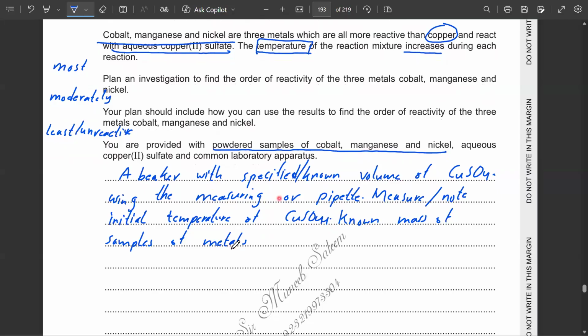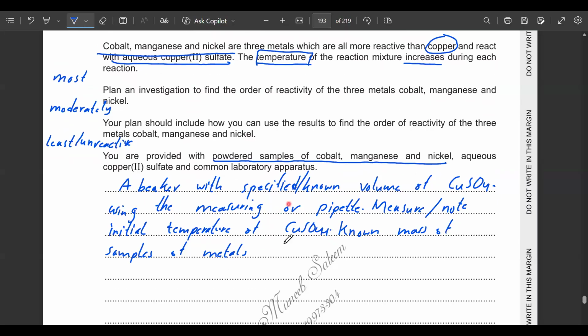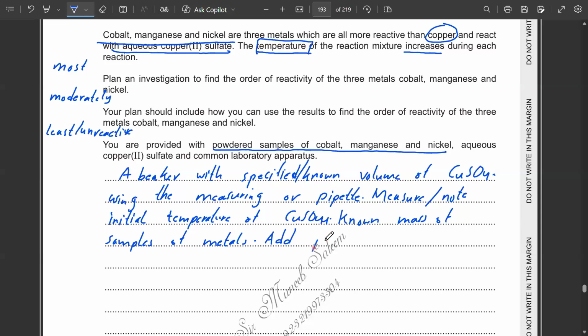And then add powder of metals in the copper sulfate solution. So definitely after adding, you have to make them react.